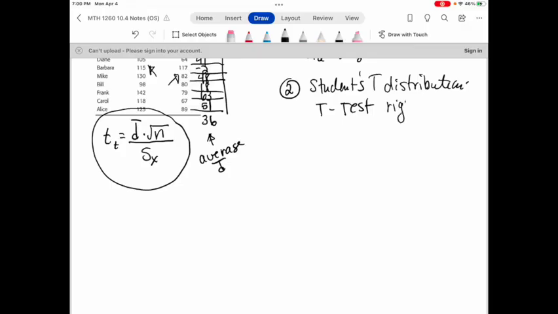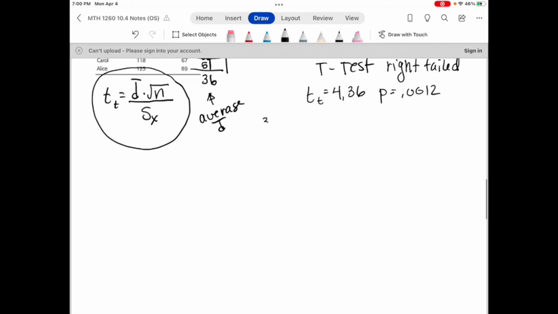So we did a right-tailed test. I forgot to write that down previously. And when we did this on the calculator, we got that our test statistic is 4.36 and our p-value is 0.0012. Okay, now let's go on to step 3 where we do the rejection region.